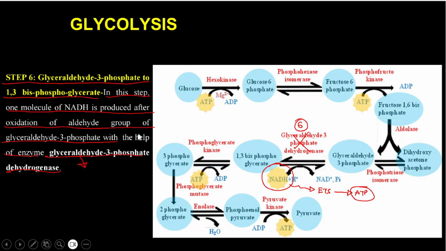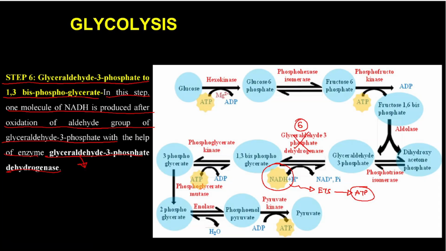In this step, one molecule of NADH is produced after oxidation of the aldehyde group of glyceraldehyde 3 phosphate with the help of the enzyme glyceraldehyde 3 phosphate dehydrogenase. So this NADH will be produced here.